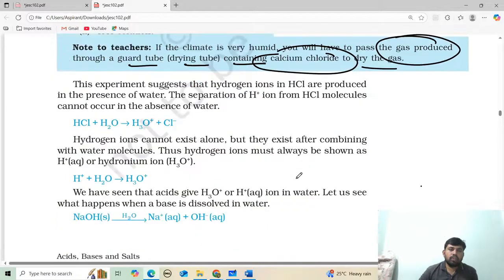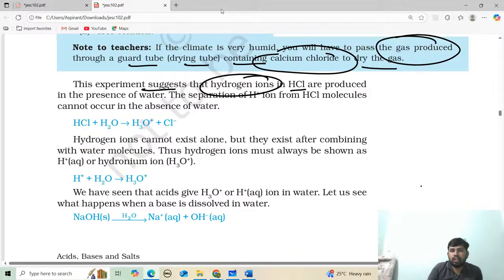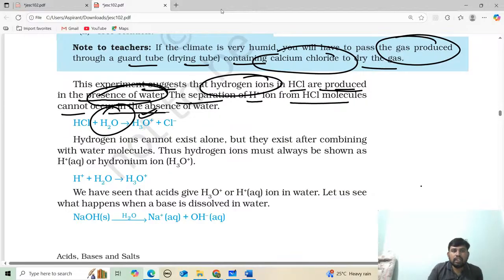Now here they have given something else. This experiment suggests that hydrogen ions in HCl are produced in the presence of water. This is a very important point. Only in the presence of water are hydronium ions produced. The separation of the H plus ion from the HCl molecule cannot occur in the absence of water.